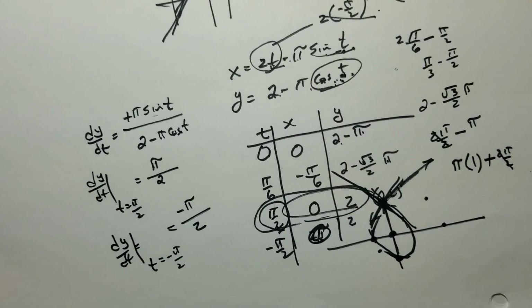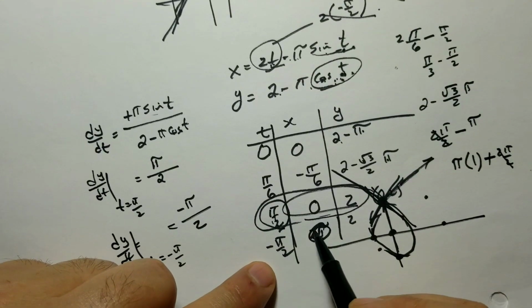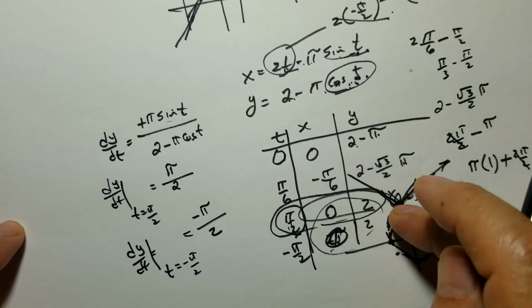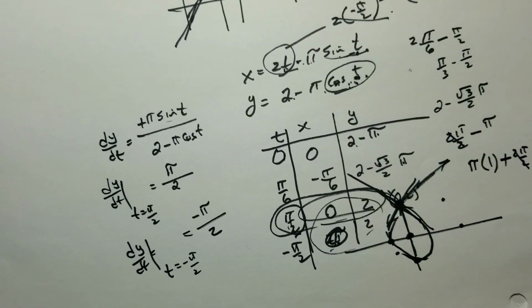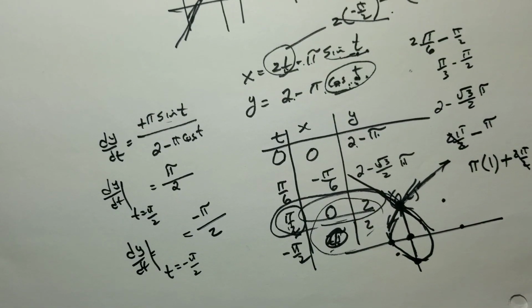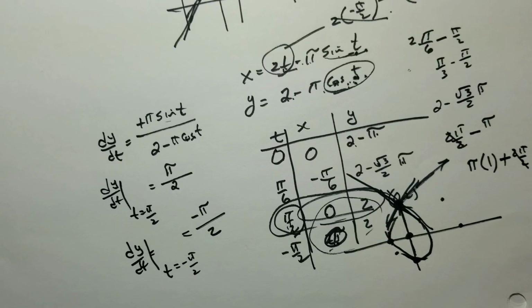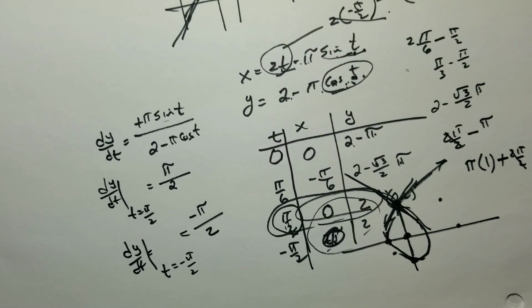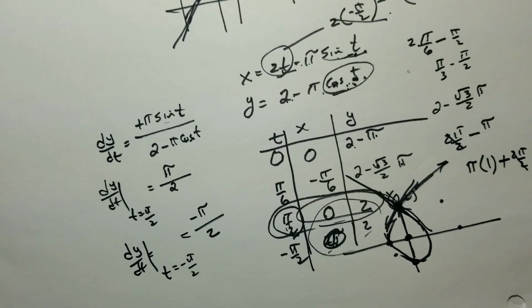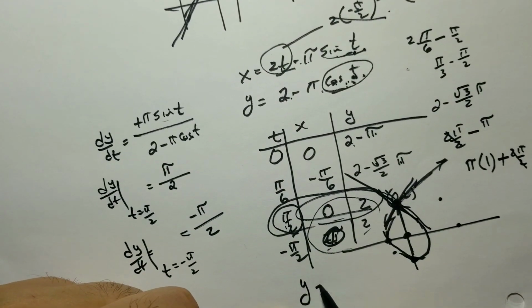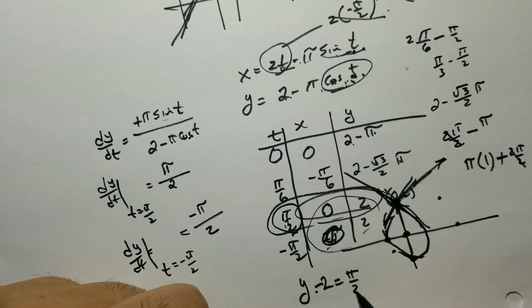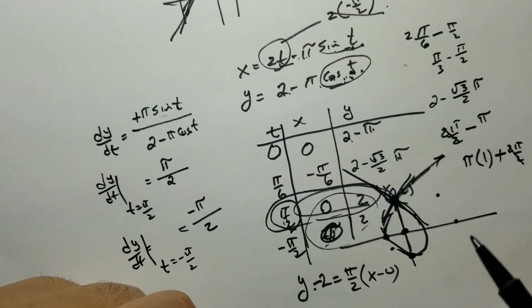Okay. Therefore, for 2 points, you have sets of ordered pairs. Therefore, in here, I have equations of 2 lines. Then remember, in parametric, not like Cartesian, at one specific point, you do not always have one tangent line. It is possible to have 2. Therefore, this is y minus y1 equal to m times x minus x1.